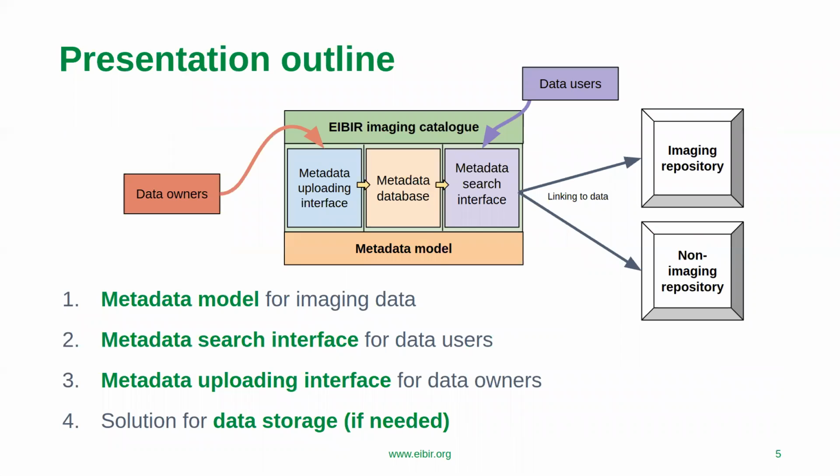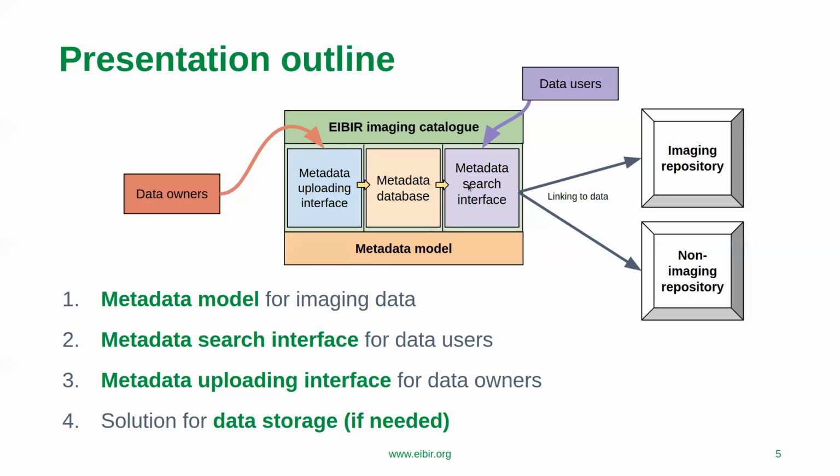So this is the presentation outline, and this is an illustration of the catalog, which is composed of many different components. I'm going to show each of the components in this presentation. First of all, I'll show the metadata model for imaging data, which is the foundation of the catalog itself. That's how all the other components are able to communicate with each other.